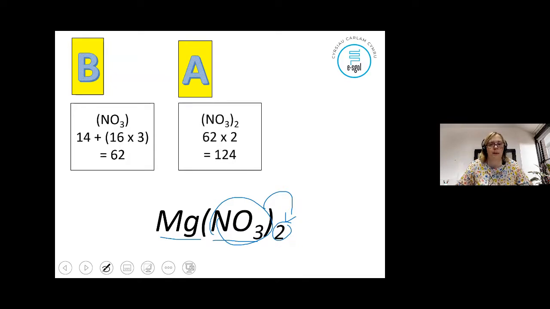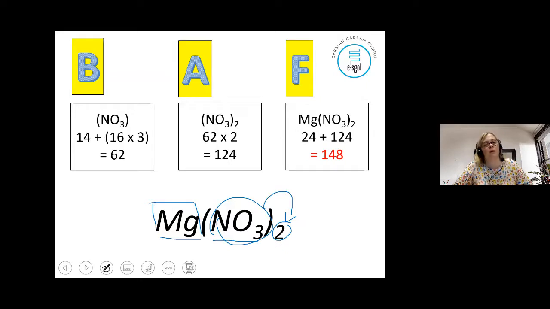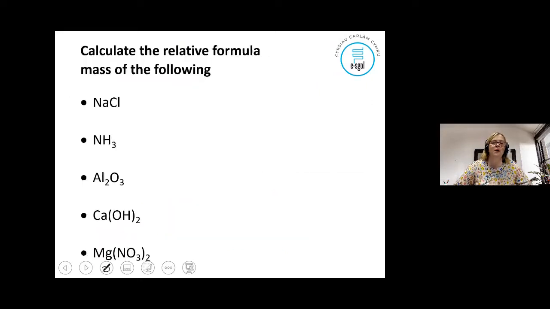And then the F in BAF is you add it to whatever is in front of it, and here the only thing in front of it is that magnesium, and magnesium has a mass number of 24. So you add 24 to 124, giving you a total of 148, okay? So if we quickly sweep through a few examples, some are naturally easier than others. As I say, when you start incorporating numbers or brackets, the complexity starts to build up.